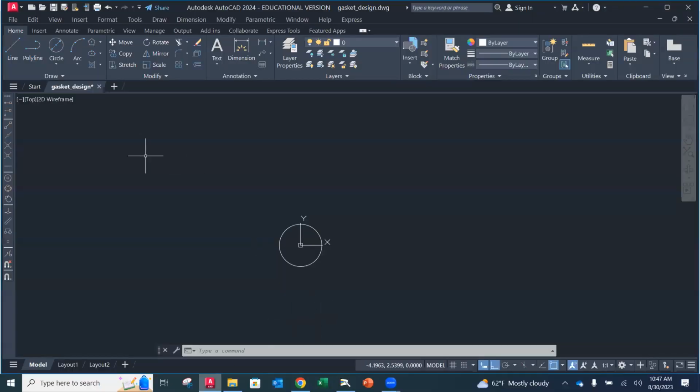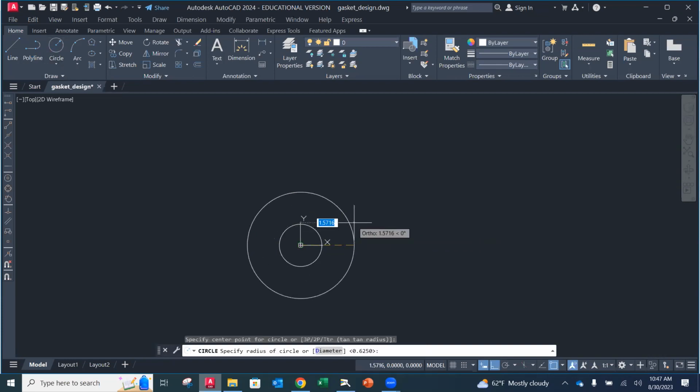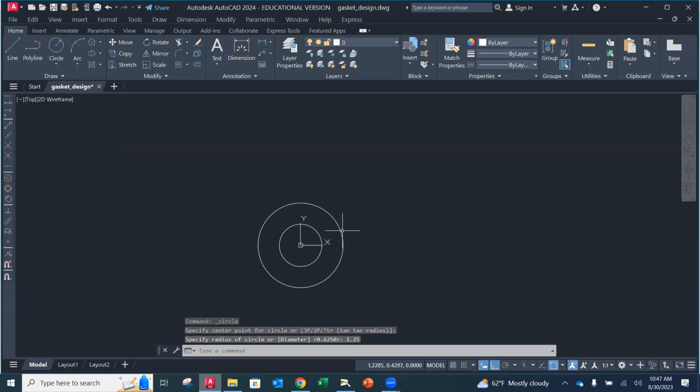So I'm going to go back to AutoCAD here. I'm going to go back to circle, center radius, grab that center. I have it on my running object snaps, and my radius here is going to be 1.25.